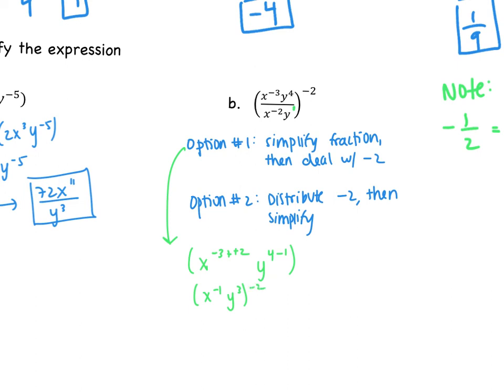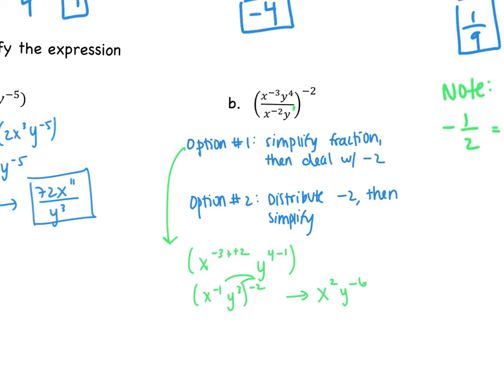Then I have that -2nd power. So next thing I'm going to do is deal with that -2nd power. I can distribute it, but remember I can only distribute it because there's one term here. If there was addition or subtraction, I couldn't distribute it. So this becomes x to the 2nd, because I'm multiplying, and y to the -6th.